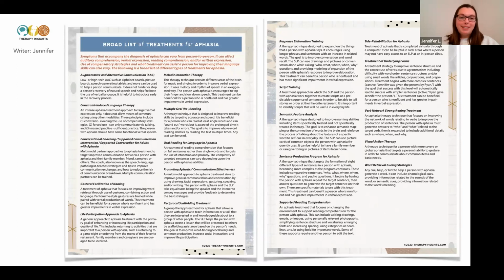When I was doing research for this resource, I definitely saw that there is way more research done for patients who have verbal expression impairment compared to auditory comprehension. I definitely saw that when we talked about the treatment for Wernicke's aphasia last month as well. So I want to just go over a few of these that may be more well-known and a couple that may be less known.